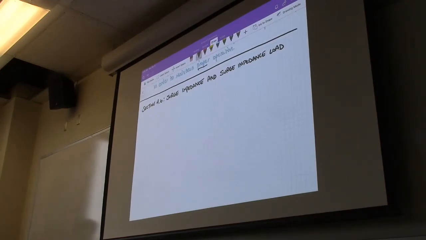Okay, so a little bit of a sidetrack. Let's consider a lossless transmission line with the load ZC, and we're going to call this the characteristic impedance for that line.